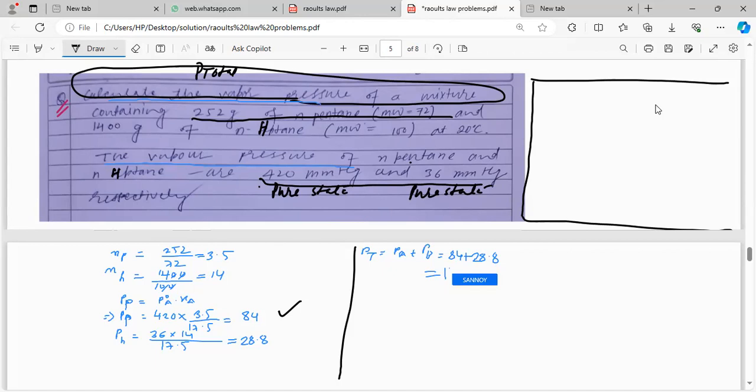This is not 0.8 here, 8 and 4, 12, so 112. Yes, correct, this is 112.8. Unit is the same, mmHg. What else are they asking? No, that is over. So you understood this problem.